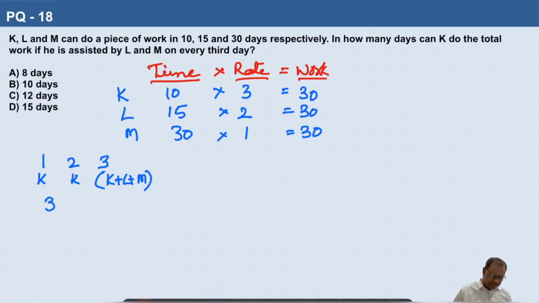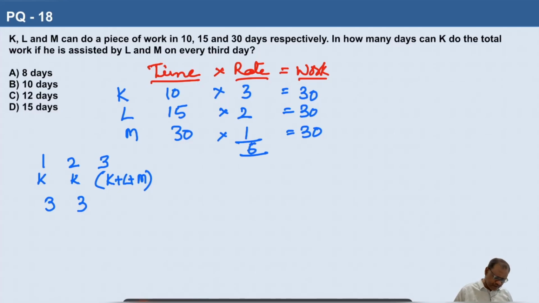Then again on the second day K will complete 3 units. On the third day all 3 are working. So they will complete 3 plus 2, 5 plus 1, 6 units.